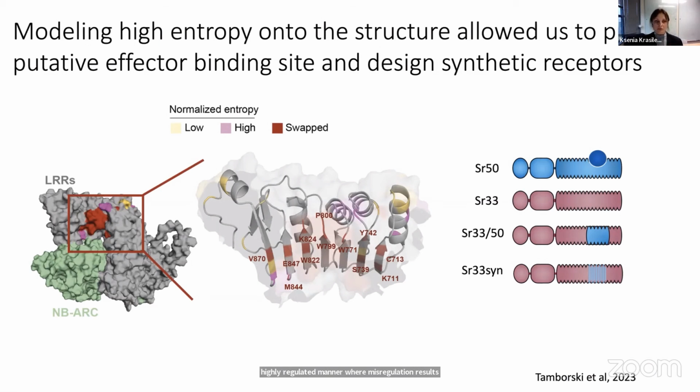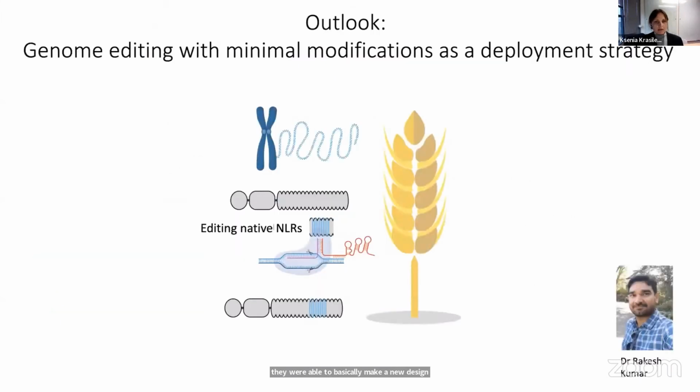But through the structural modeling together with the synthetic biology and building, testing, and refining, they were able to basically make a new designer receptor. Why I think it's particularly important right now?